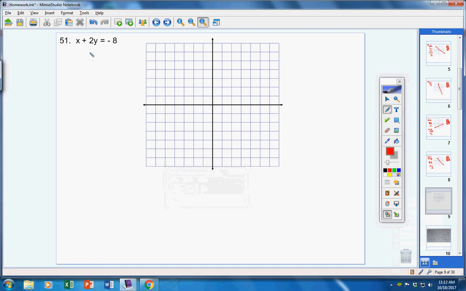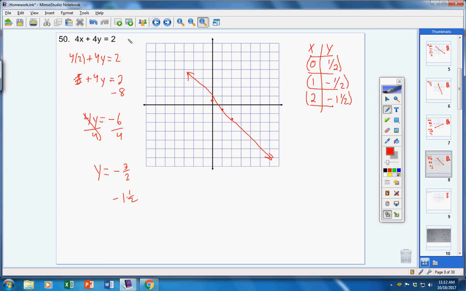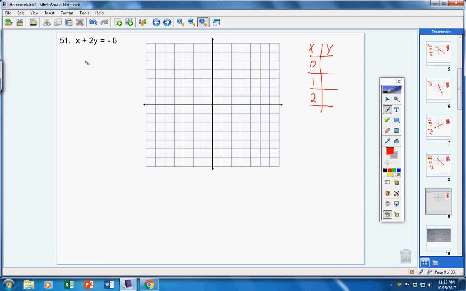Okay, students, now on this one here, I'm going to isolate the y, get y by itself. Again, you don't have to do this. You can leave it like it is, like we did over here, or you can get y by itself. Totally up to you, okay? So bring the x over, make it a negative x, and we're left with 2y equals negative 8, negative x.